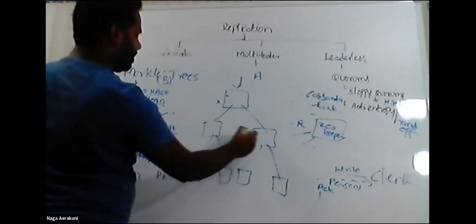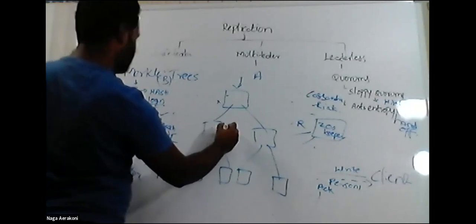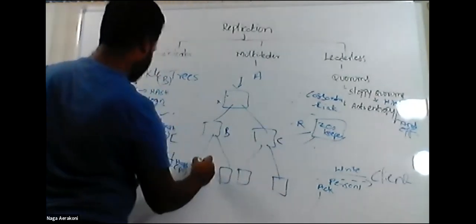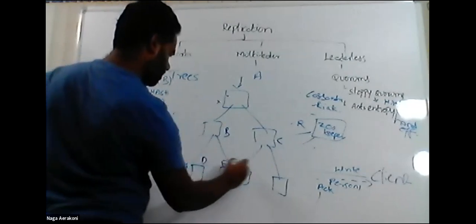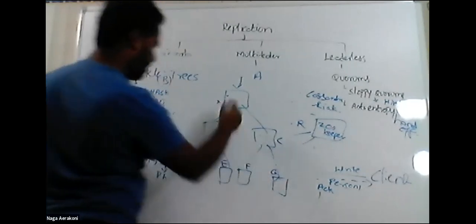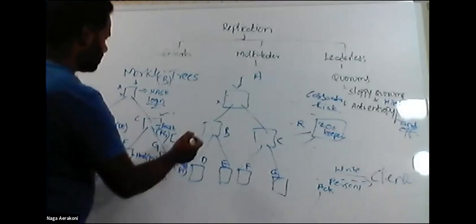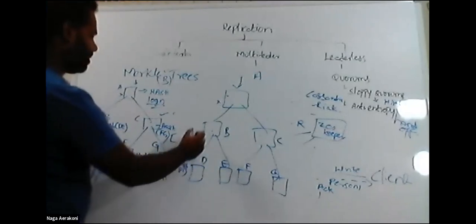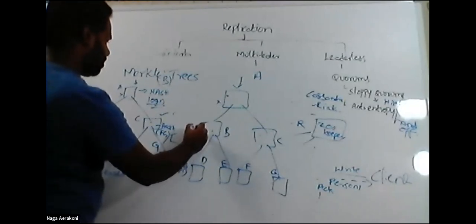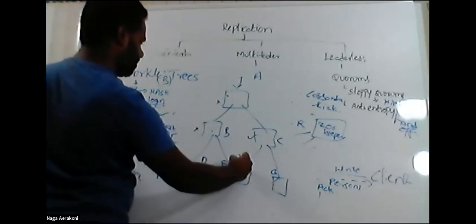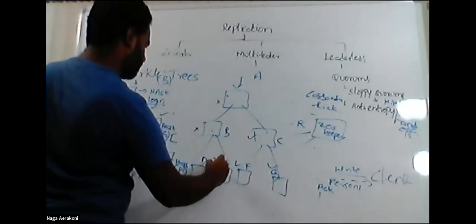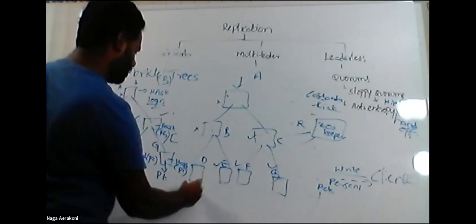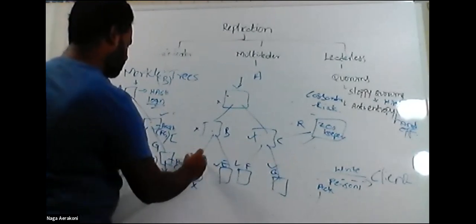Then you check each child, the similar B here, or C and D, E, F, G. It could be any index numbers or whatever it is. So you check this B with this B. This one is not matching, but these are matching. Only this record got changed.